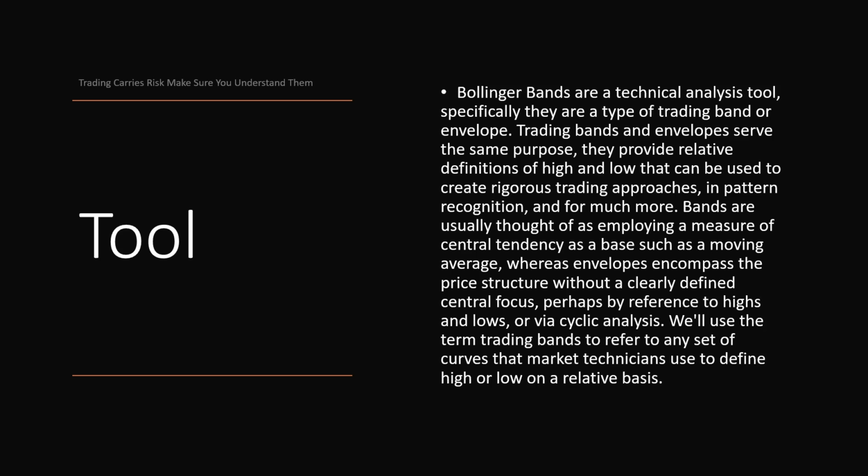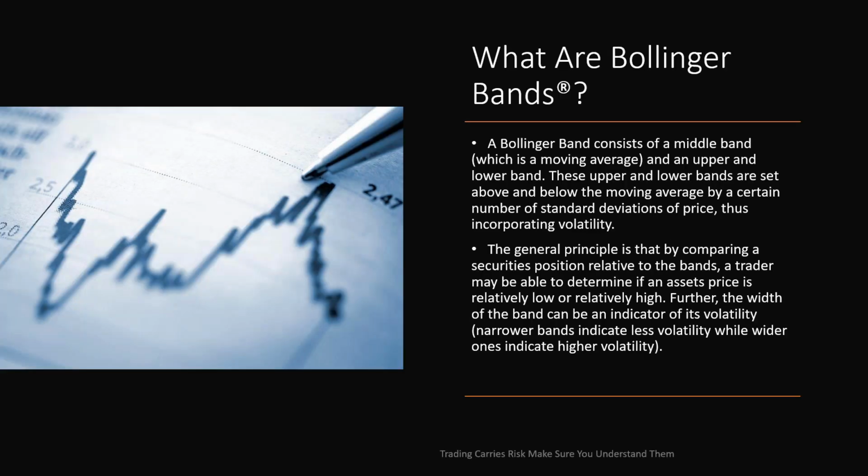Bands are usually thought of as employing a measure of central tendency as a base, such as a moving average. Now, we're going to go over to live charts and look at this soon, but you've got to listen to this because you have to understand about Bollinger Bands. Now, a Bollinger Band consists of a middle band, which is based on a moving average. It's based on a 20-period moving average.